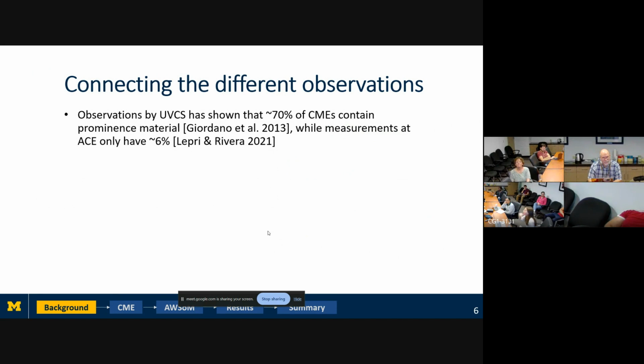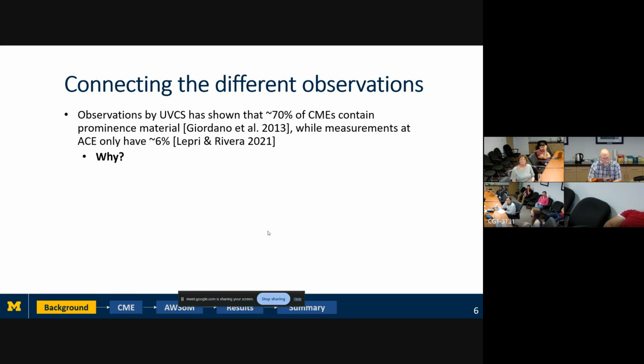So the overarching theme of my work is how we can connect these different types of observations from the low solar corona as we go out. Observations by UVCS, so other EUV spectra, have shown that 70% of CMEs do contain prominence material. But measurements at ACE only show that prominence material makes it to 1 AU about 6% of the time. So why does that happen? Obviously, people have looked into this.